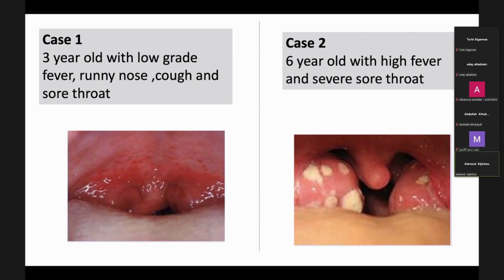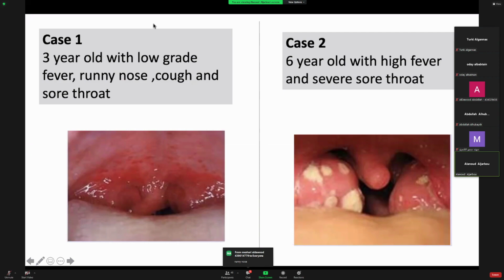Anyone can say, it's written. The fever. Severe sore throat. No. Maybe the cough and the rhinitis.